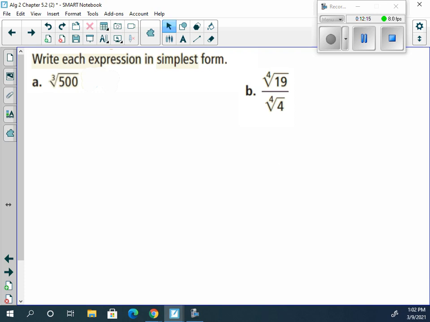I want to do the two divisions together because I looked at that this morning and I didn't want to jump from the multiplication, the individual one, to the division. I want to do this one here. The cubed root of 500 is what we're going to be looking at.